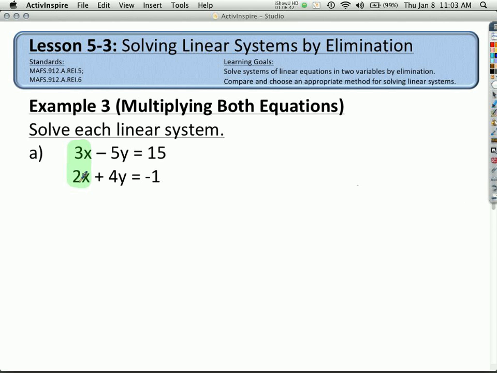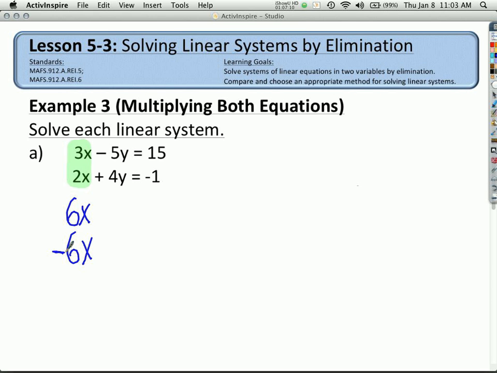And I love how he knew instantly what I meant by multiple. Multiple, multiply, multiple. So wouldn't it be great if I could get 6 and a negative 6? In other words, I would like to change both equations so that it looked like this. Now, I don't know the rest of it, but I know that I want this column to look like this.